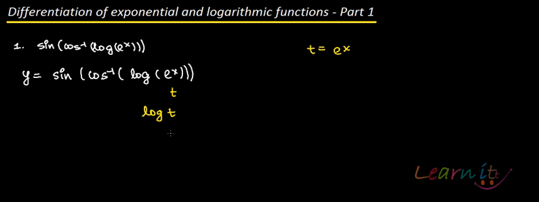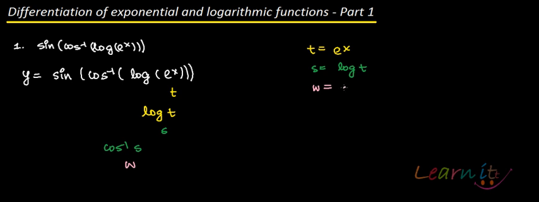You will assume log of t as, say, s. So s is equal to log of t. Now this will become cos of inverse s. You will assume cos of inverse s as w.